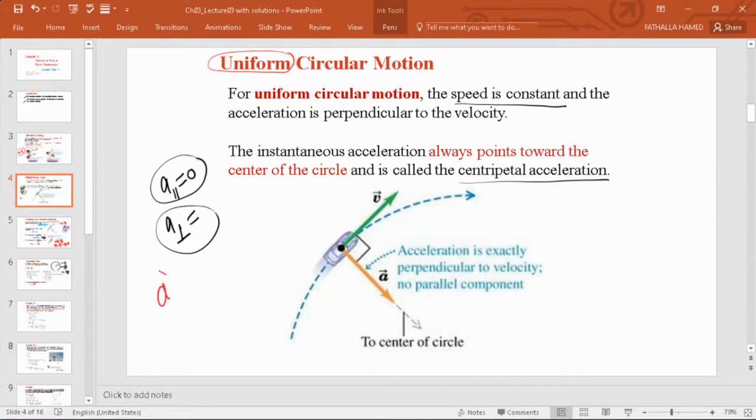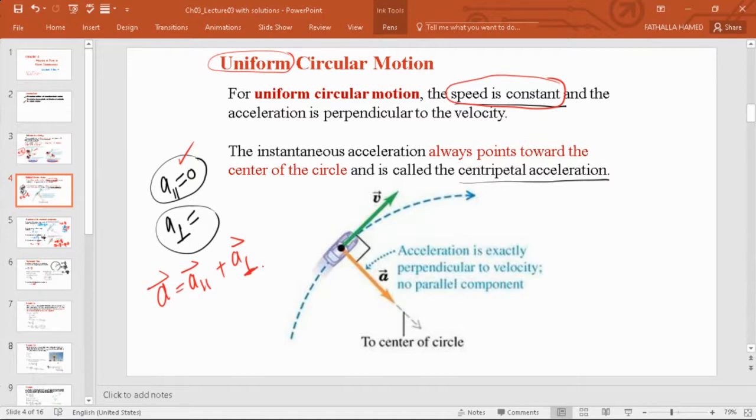And we said that your acceleration can be written as A parallel plus A perpendicular in vector form. Now, what happens if you go around a circle with a constant speed? That means the A parallel is going to equal 0 because you're not changing the magnitude of your velocity.